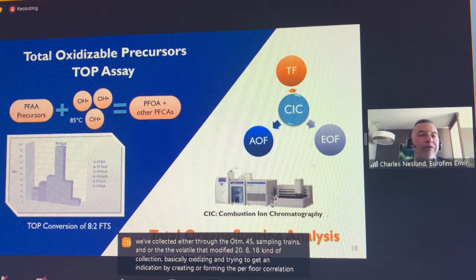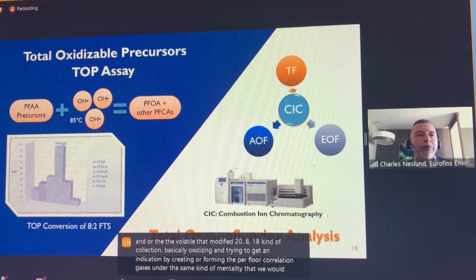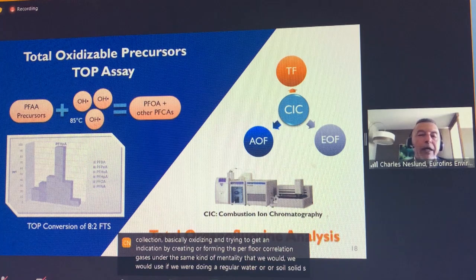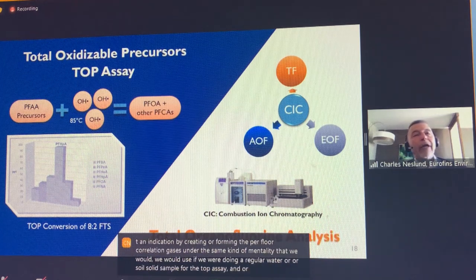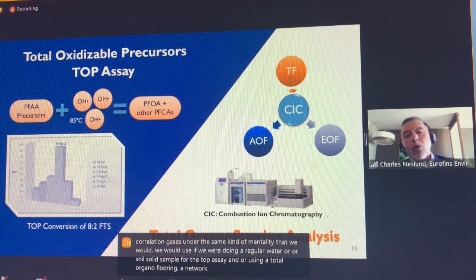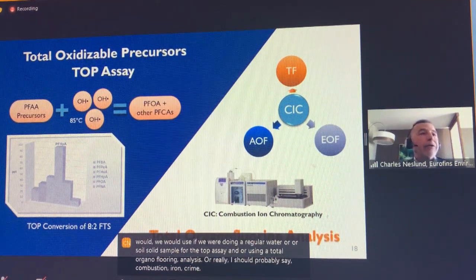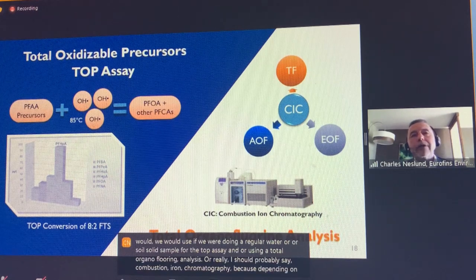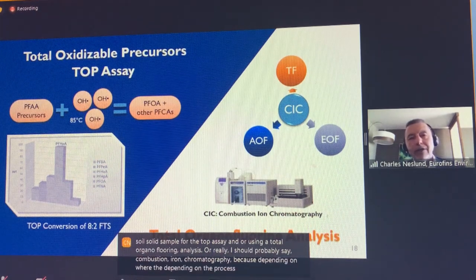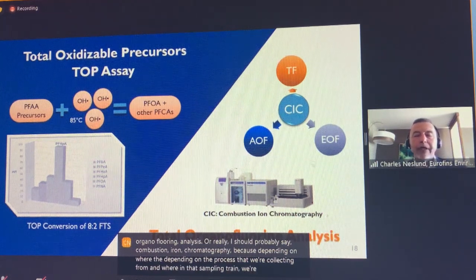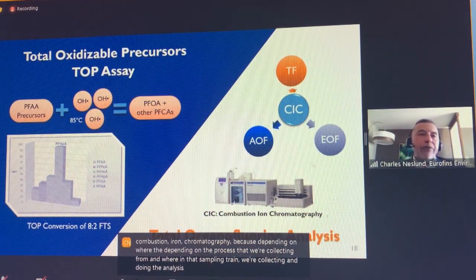This is under the same kind of mentality that we would use if we were doing a regular water or soil sample for the TOP assay, and/or using a total organofluorine analysis, or really I should say combustion ion chromatography, because depending on the process we're collecting from and where in that sampling train we're collecting and doing the analysis, there's a possibility we may have some inorganic fluoride.